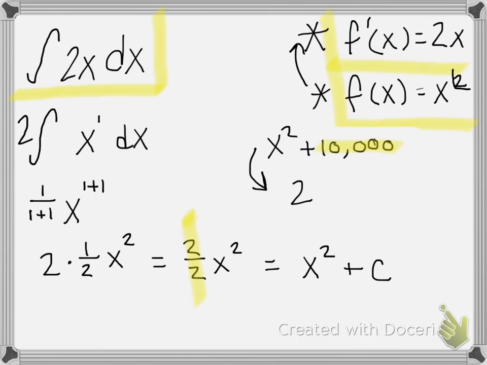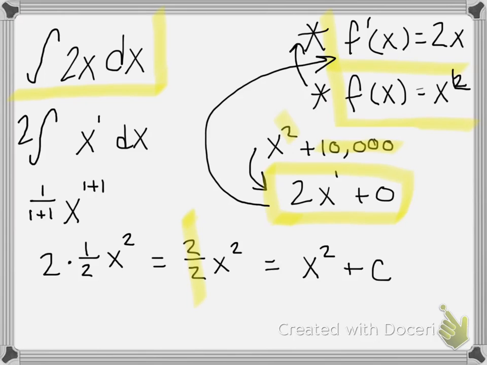You're going to pull down your 2 out front, and you're going to subtract 1 from the exponent, which would just be 1, plus 0. And so you can see that is our derivative right here: the derivative of x squared plus anything is going to be just 2x.